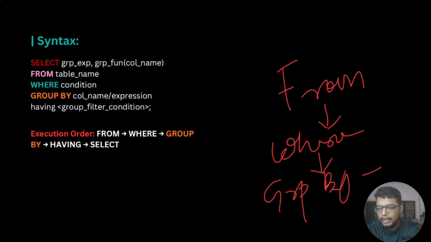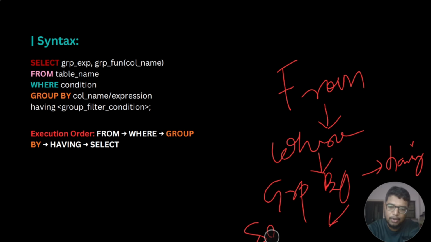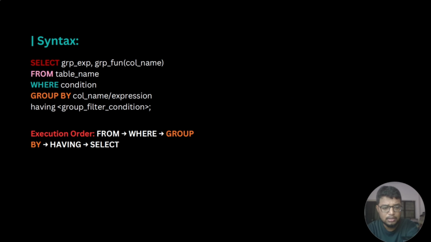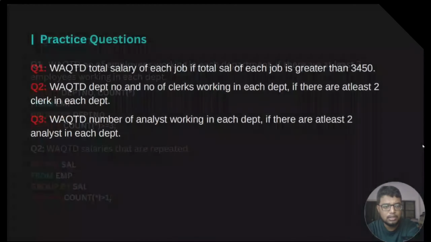After the group by clause comes the having clause. Without the group by clause we can't use the having clause. And once everything is done, it is the turn of the select clause, which just displays the data. This is the whole thing about the having clause. I think you got a better idea about it.